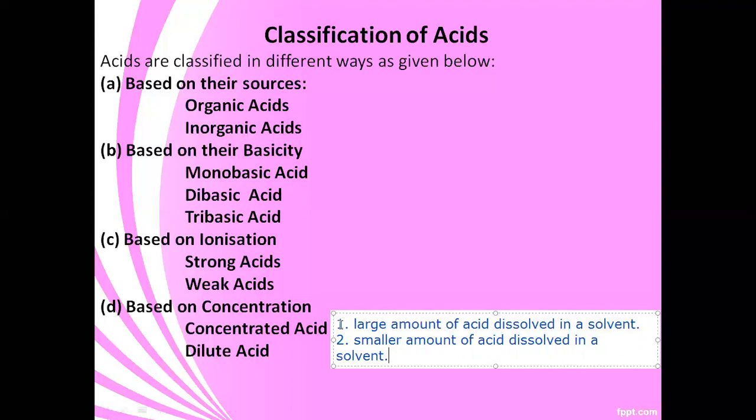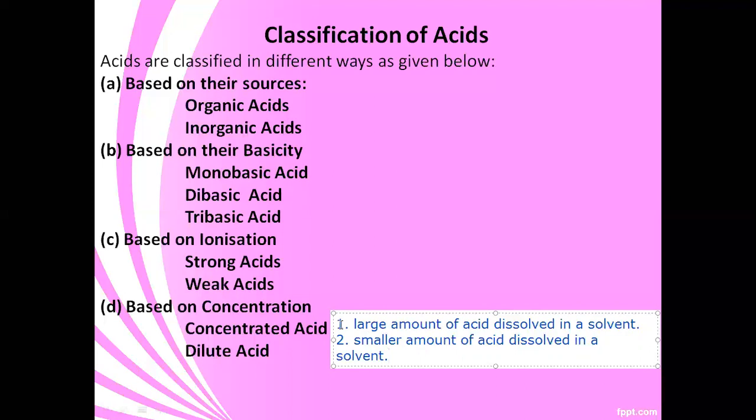Some examples and sources were discussed and which acid is present in each source. For example, tea has tannic acid, lemon has citric acid, apple has malic acid, and the stomach has hydrochloric acid.